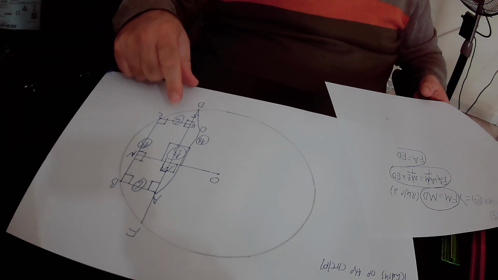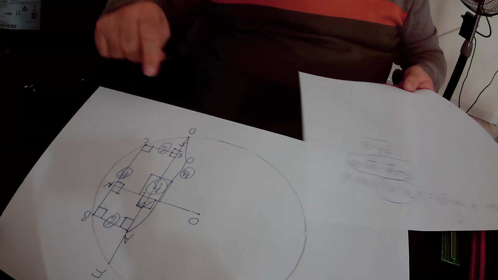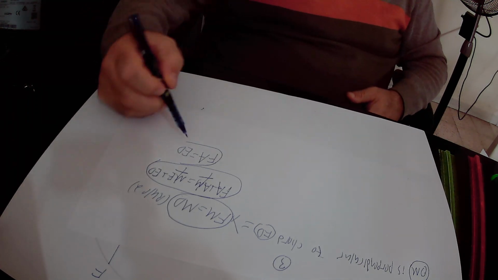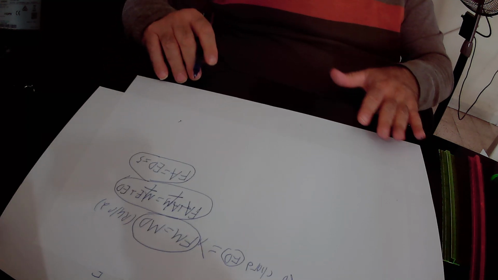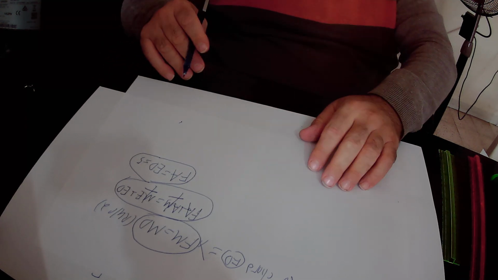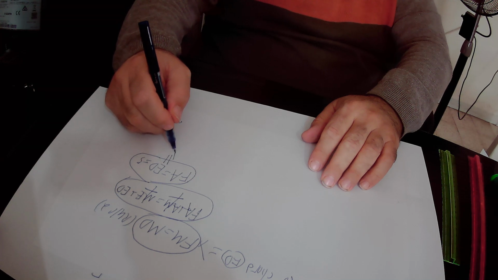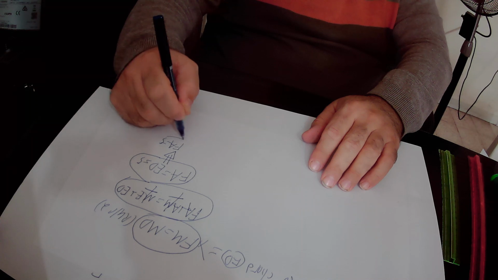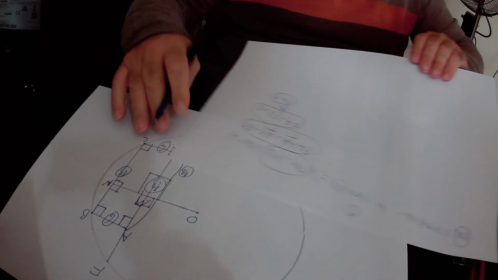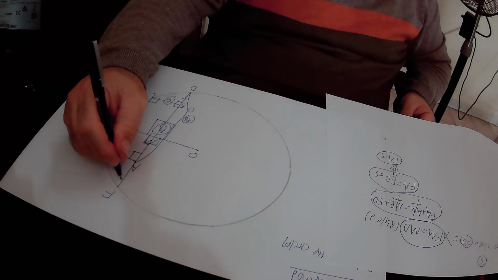But we have already found out that ED equals 5 units. So from FA equals ED equals 5, we derive that FA equals 5 units. Here we can write down that FA equals 5 units.